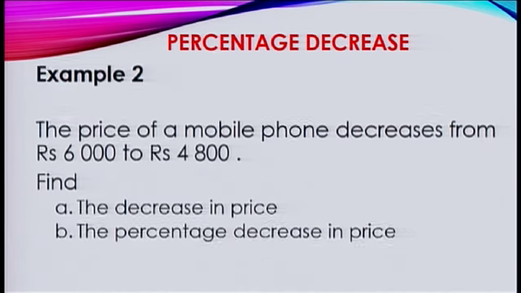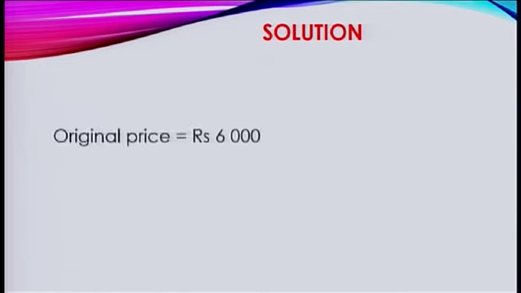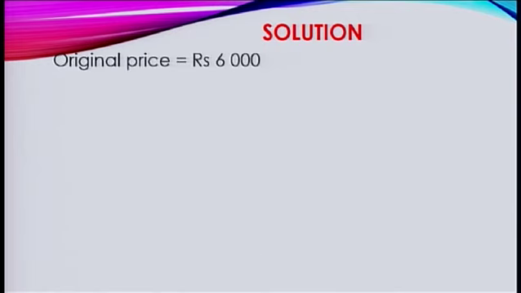Let's take another example. Here you're said that the price of a mobile phone decreases from 6,000 rupees to 4,800 rupees. And you're asked to find the decrease in price for part A and the percentage decrease in price for part B. How do we do that? Now, we know that the original price is 6,000.